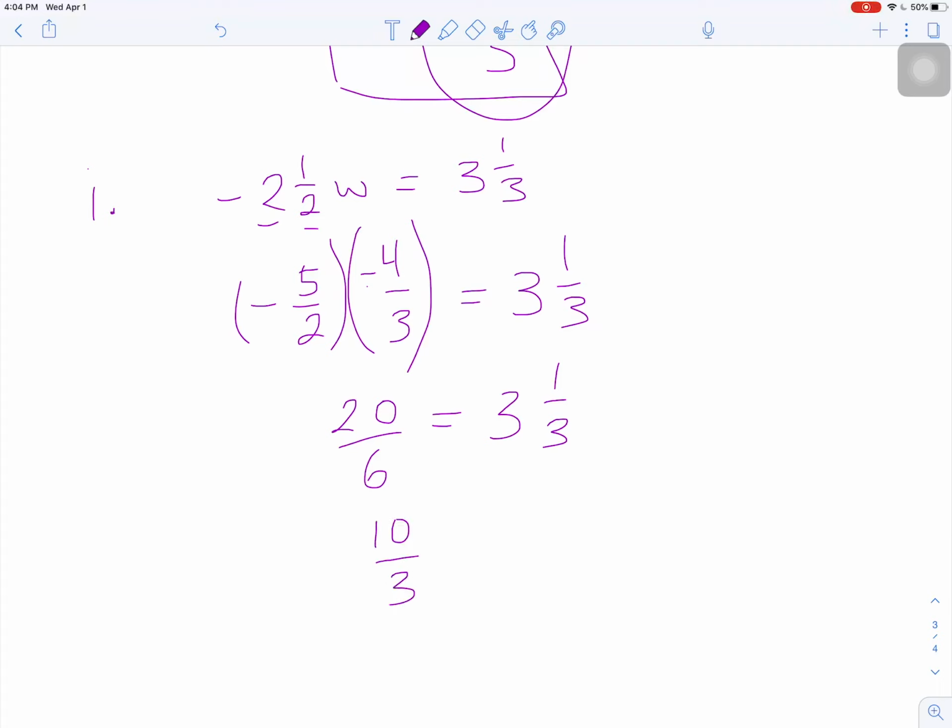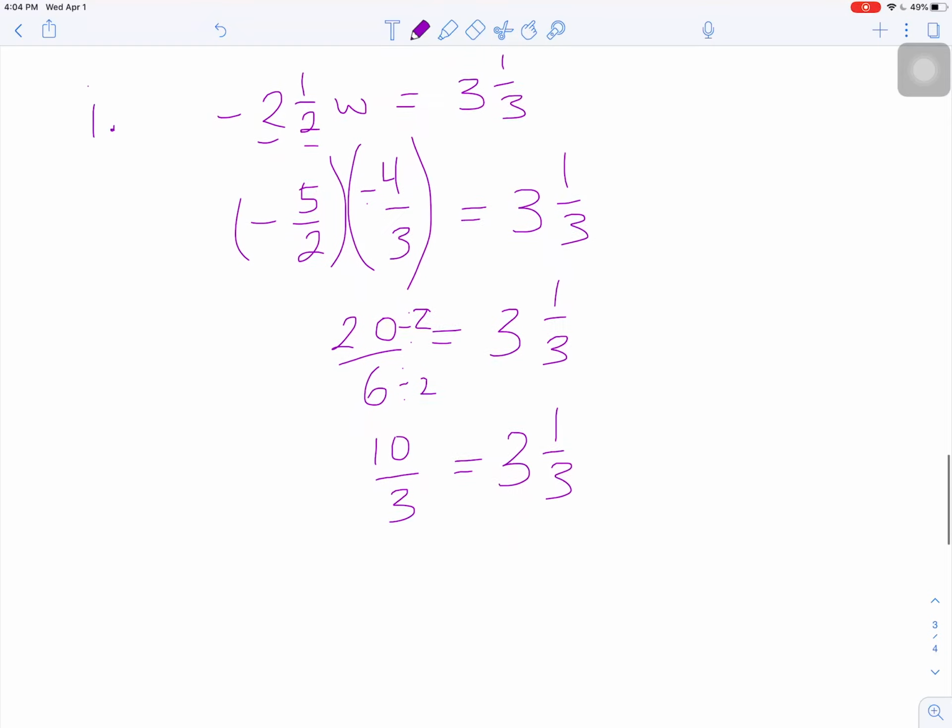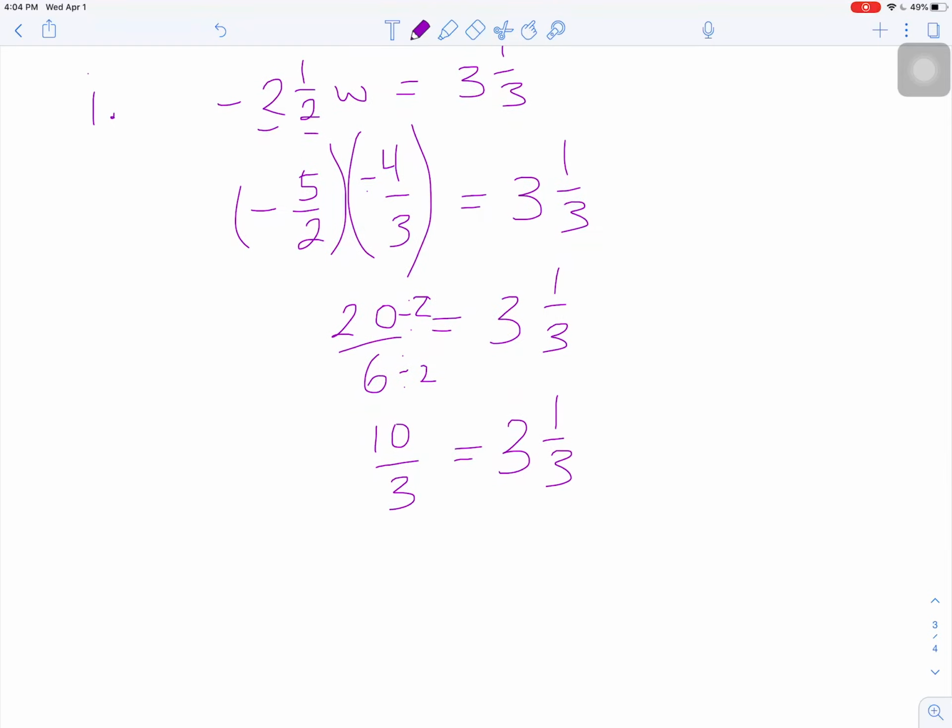We wind up getting 10/3 equals 3 and 1/3, because if we divide them both by 2, that's how you're going to get that answer. Well, let's move 10/3 into a mixed number. We get 3 and 1/3 equals 3 and 1/3. So for I, you just have to substitute your answer in to see if you've got it correct.